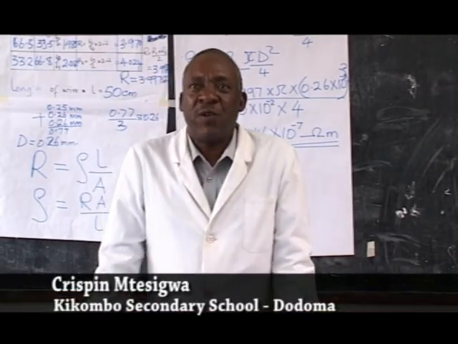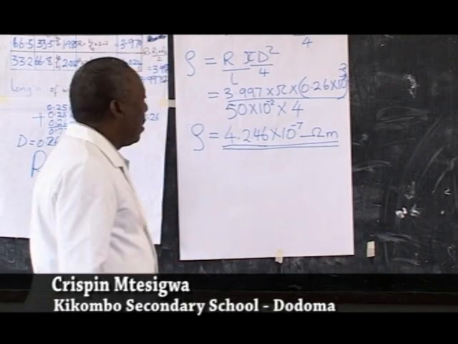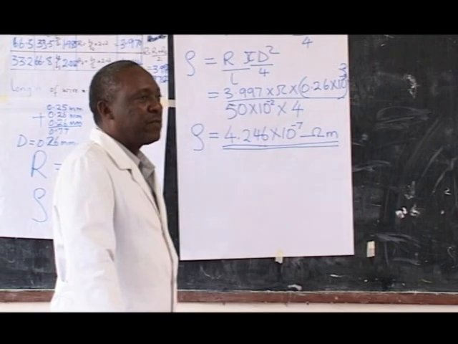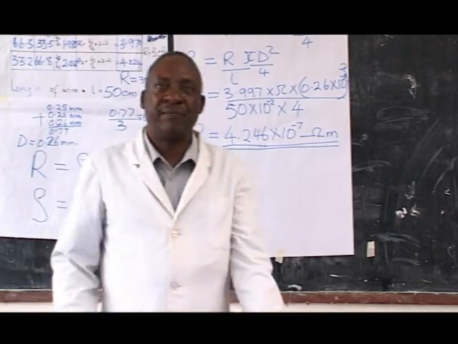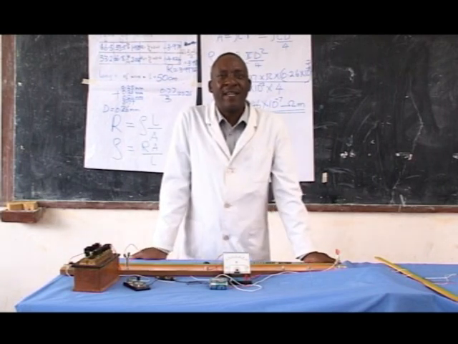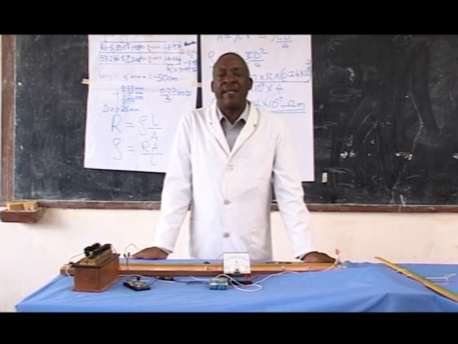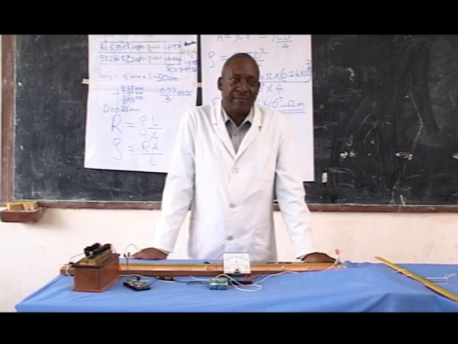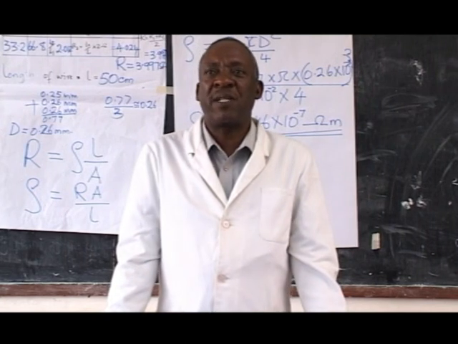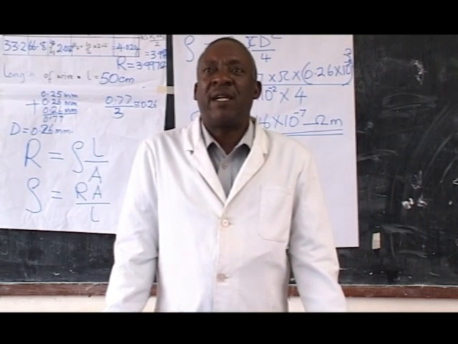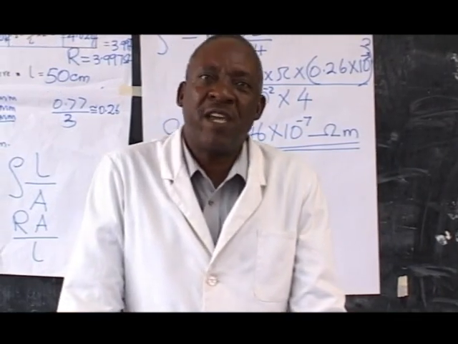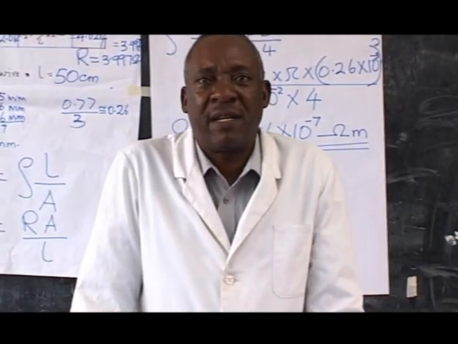The resistivity of Constantan wire we have got is 4.246 times 10 to the power negative 7 ohm meter. Conclusion: the resistance of a wire is directly proportional to its length at constant temperature. Resistivity is the property of a material which is the constant of proportionality between resistance and the length for a given cross-sectional area.